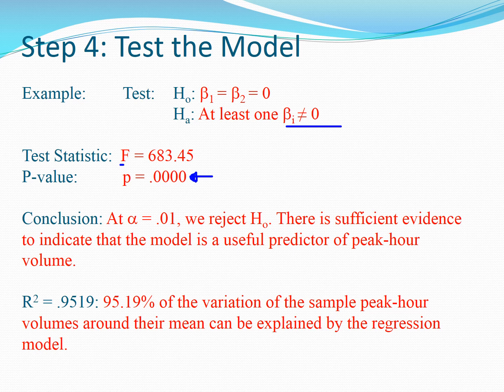We used to say it can be explained by the linear relationship with X. We've got a more complicated relationship, and so we changed that last part to the regression model. It's the same interpretation. R squared talks about the percentage of the variation that we can explain. S talks about how accurately we can predict. It's the same kind of ideas that we saw.